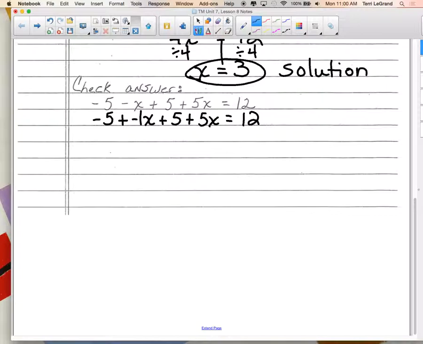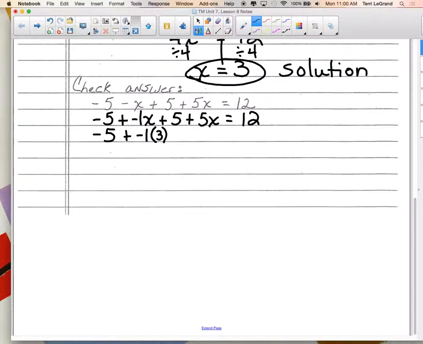Now we will substitute in what we found X to be and see if it'll make this equation true. So -5, there's nothing to sub in there. Plus -1, it's supposed to be multiplied by the X value that we found to be 3. So we can show it in parentheses like that. That means multiplication.